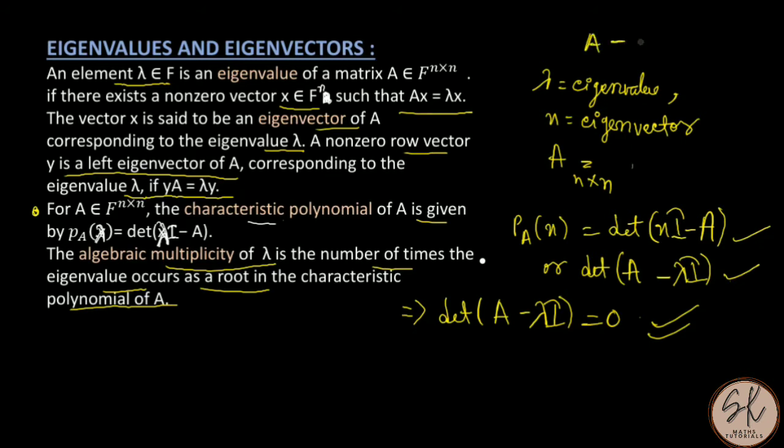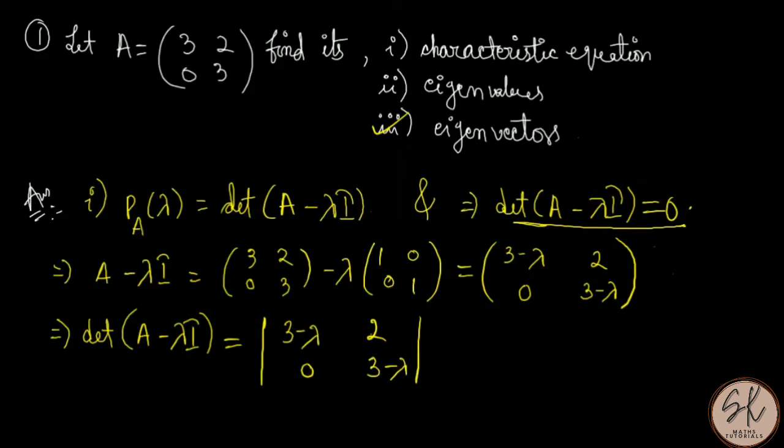That means (A minus lambda I) times x equals 0. Here x is the eigenvector and lambda is the eigenvalue, and this is how we obtain the eigenvector by using this equation.